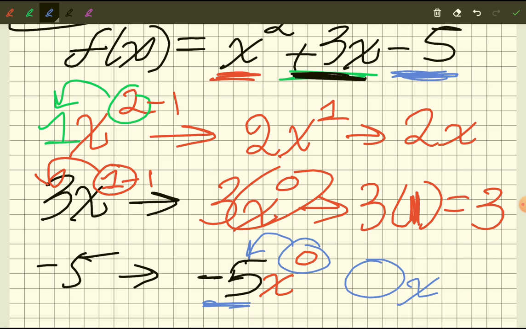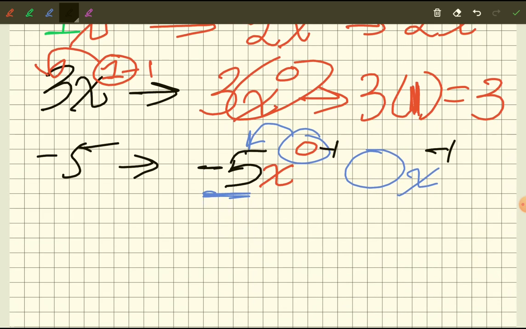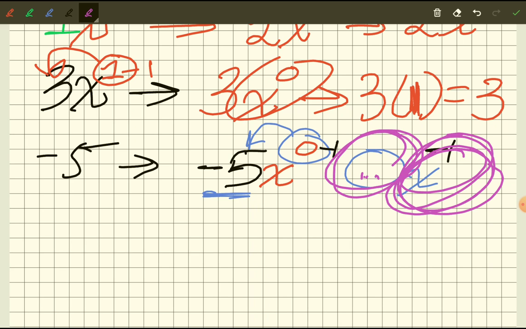Let's see what happens. Keep that x there, just like normal. And don't forget, we have to subtract 1 from the original exponent. That gives me the negative 1 power. But let's stop right here, because isn't anything times 0 equal to 0? So really, it doesn't matter what this is. We've got 0 in front. So anything times 0 is 0, guys.